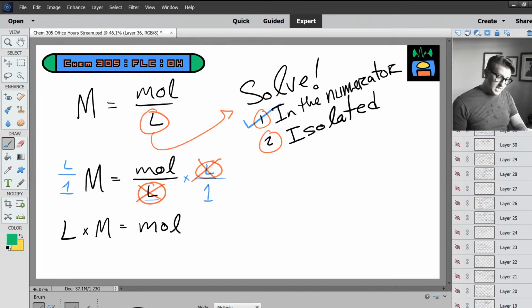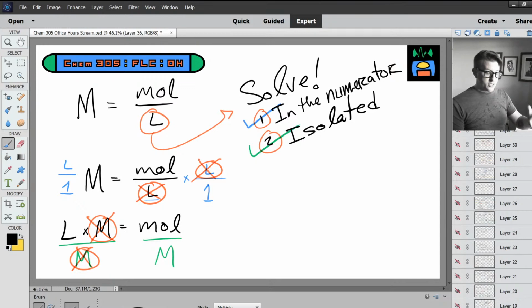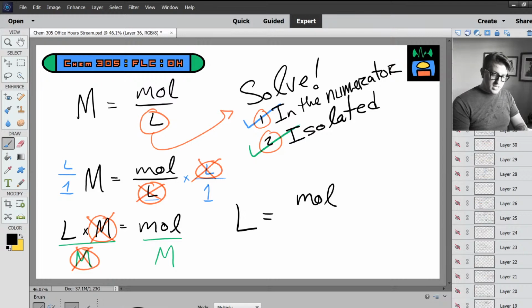Now, in the second step, we need liters to be isolated on one side of the equation, and that's why we divide both sides by molarity. So molarity cancels here. And this second algebraic step accomplishes the second goal we need to achieve to solve for liters. Namely, we need it isolated on one side of the equation, and we need it to be in the numerator, not in the denominator.